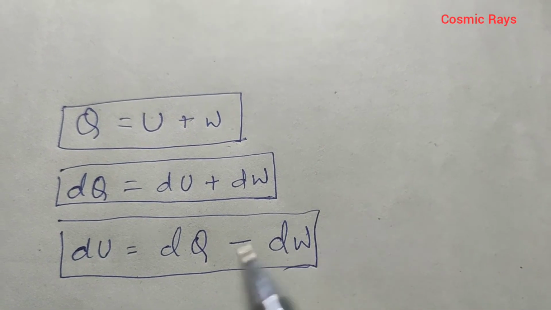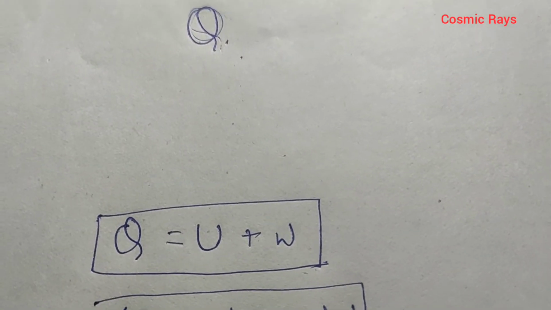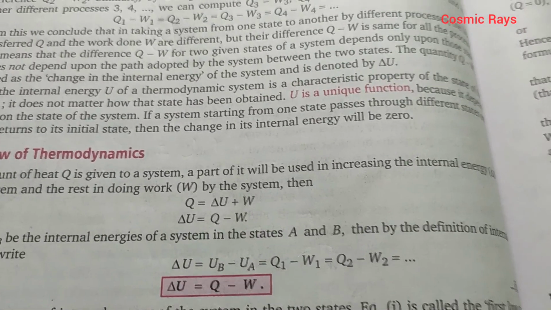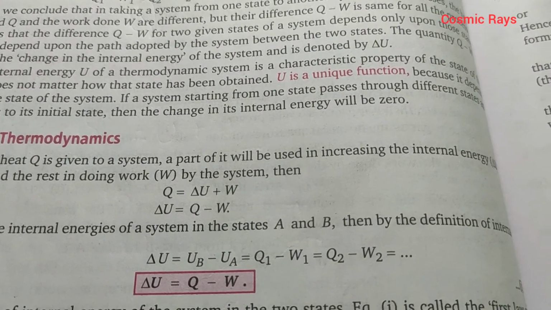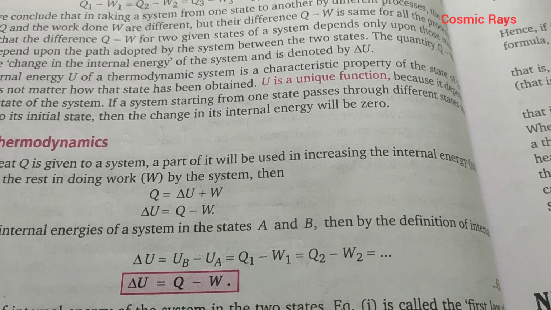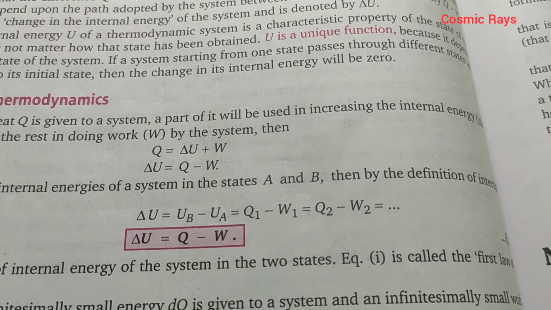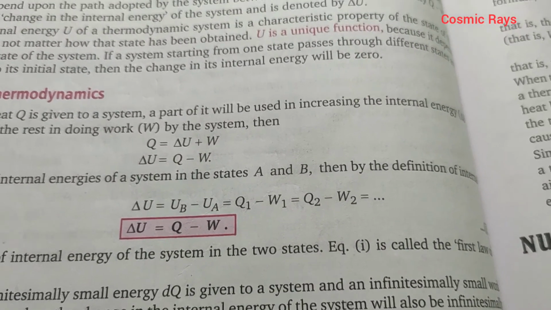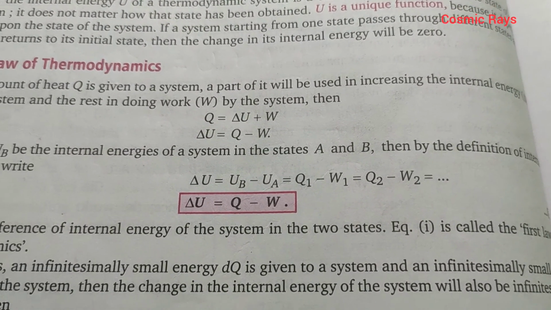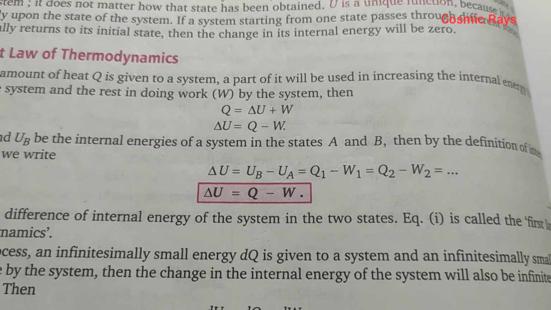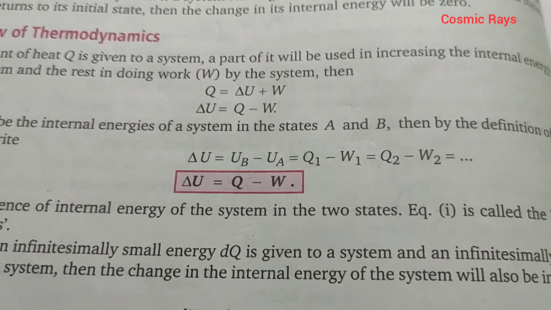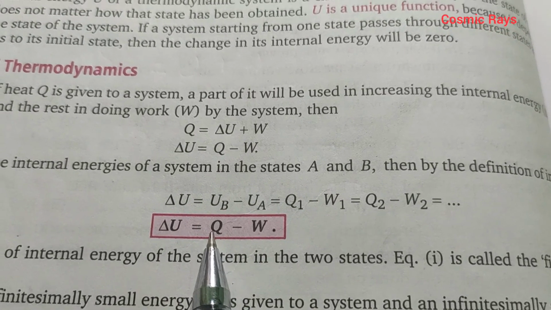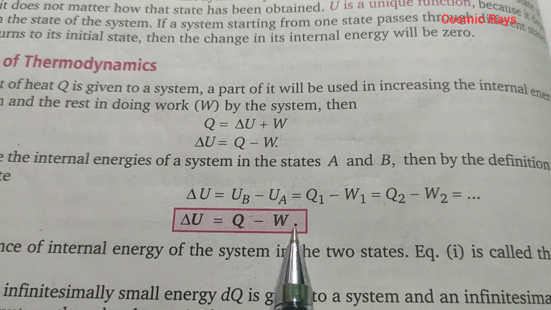So this is the first law of thermodynamics, which states that if Q amount of heat is supplied to a system, then some part of it will be used to increase the internal energy of the system and the remaining will be used for the work done. And the change in internal energy, that is delta U, is given as the heat supplied minus the work done.